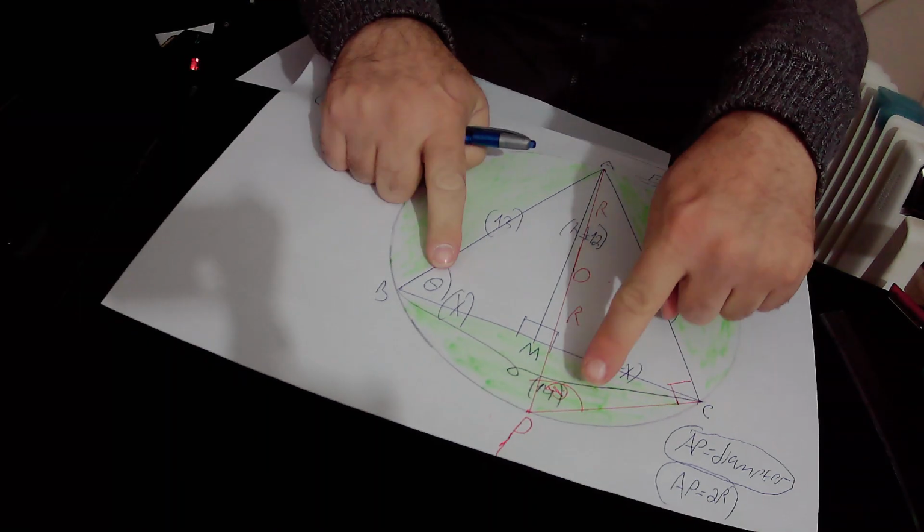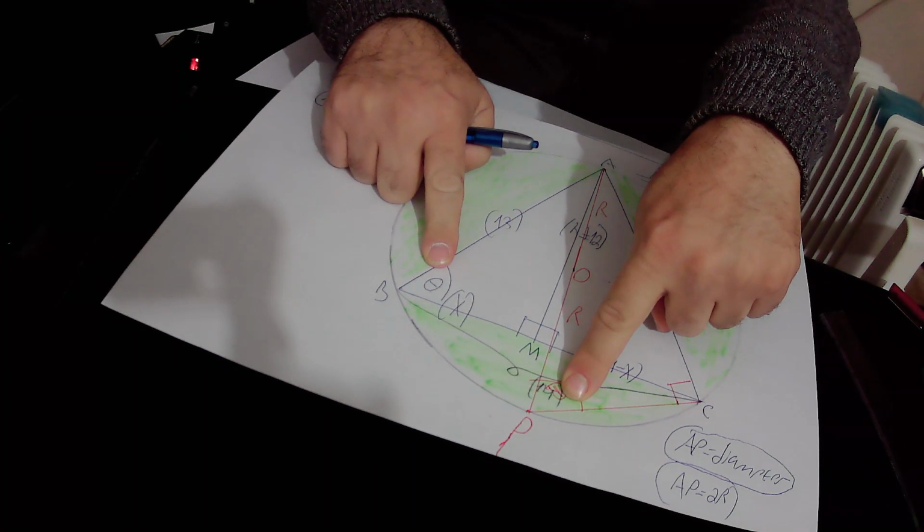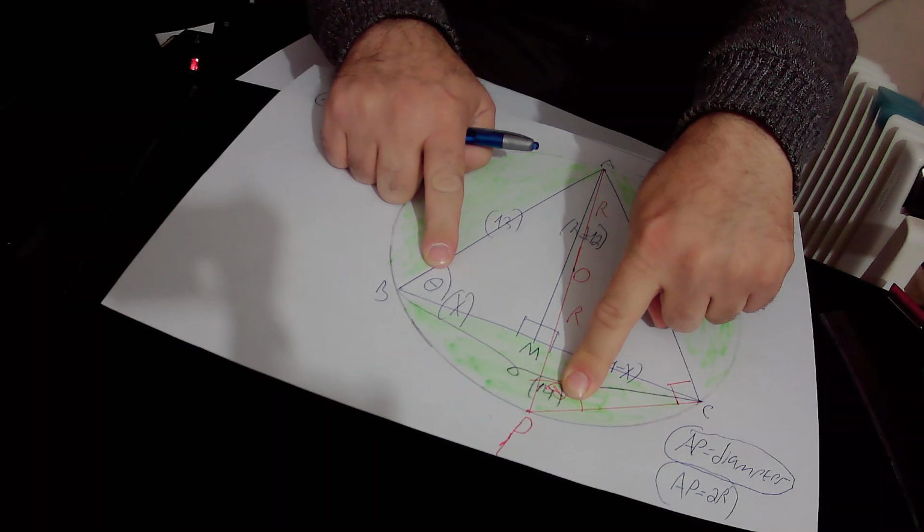Those two peripheral angles that rest on the same chord AC must be equal to each other, that is to say, each of them equals theta.